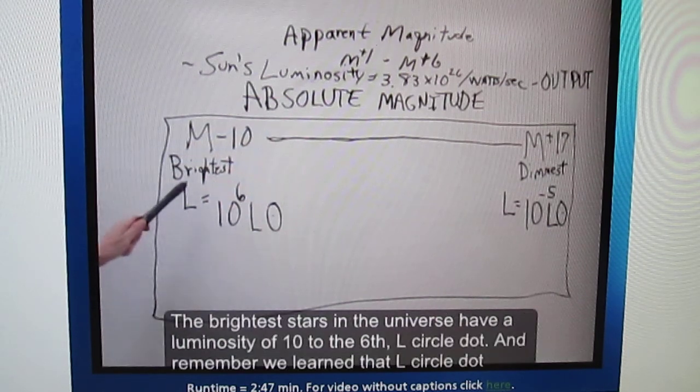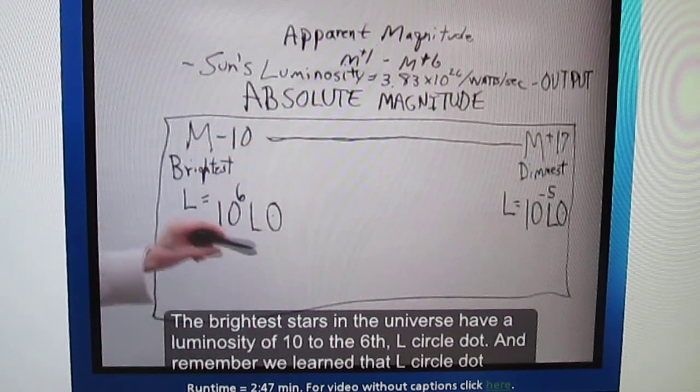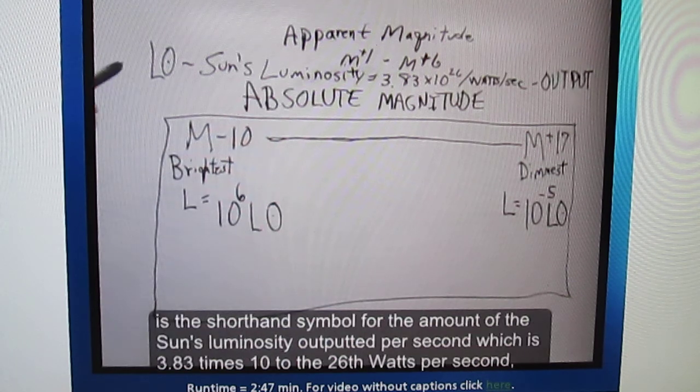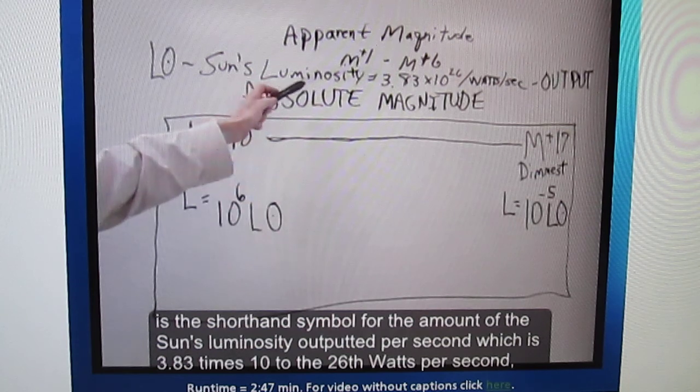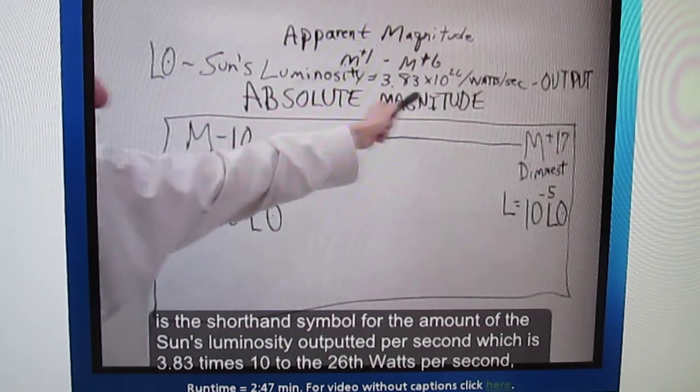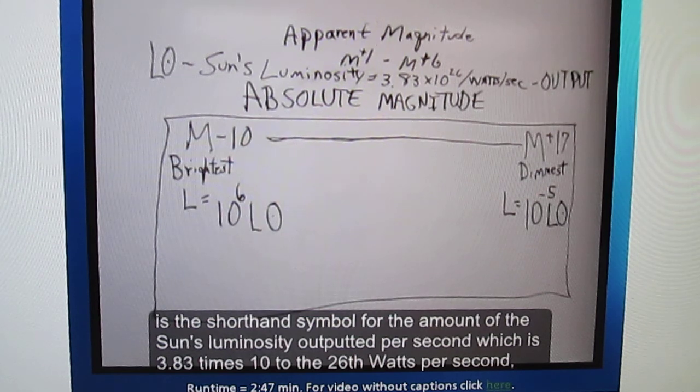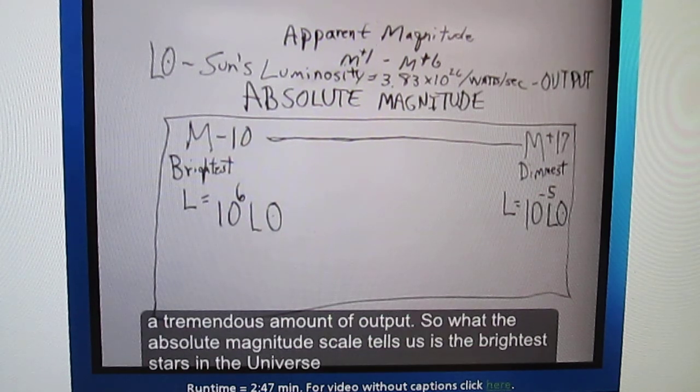The brightest stars in the universe have a luminosity of 10 to the 6 L circled dot. And remember, we learned that L circled dot is the shorthand symbol for the amount of the sun's luminosity outputted per second, which is 3.83 times 10 to the 26 watts per second, a tremendous amount of output.